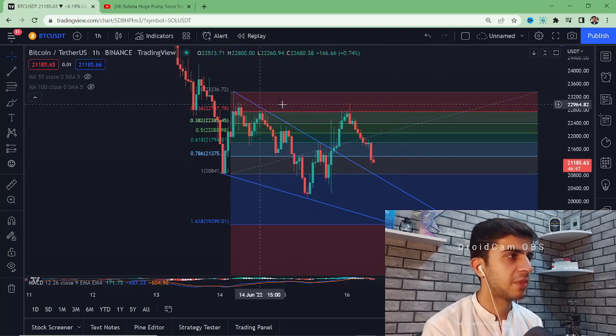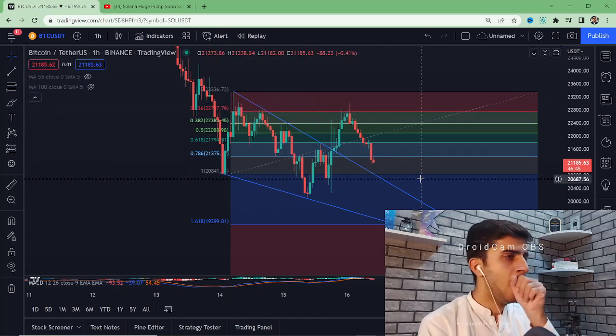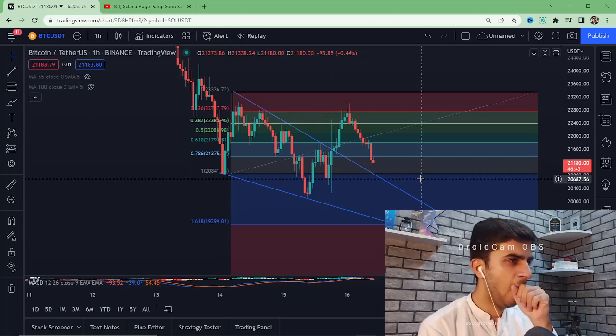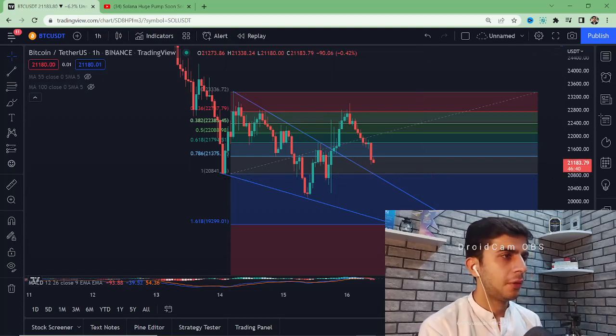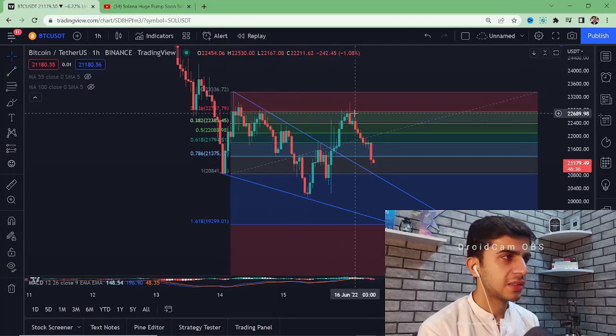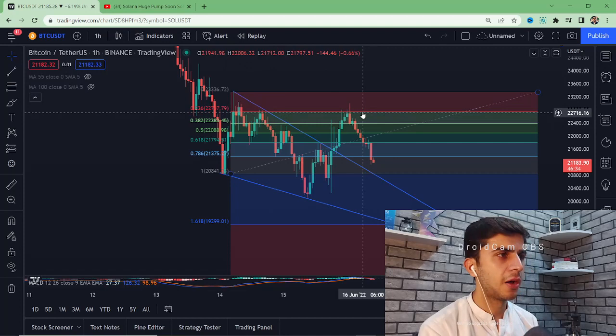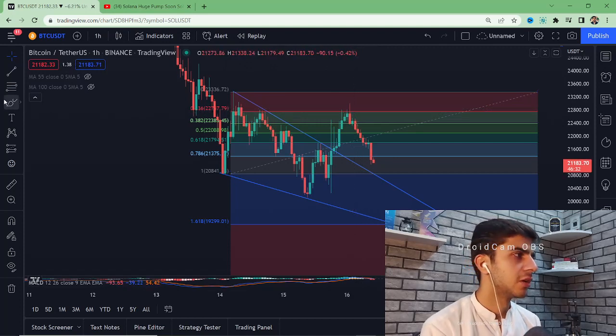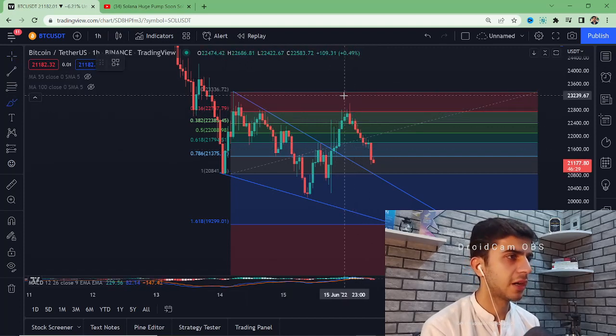However, it was rejected by the resistance. What do I expect for Bitcoin? This is not a higher high. We cannot say that this created a higher high. It is just another higher low.